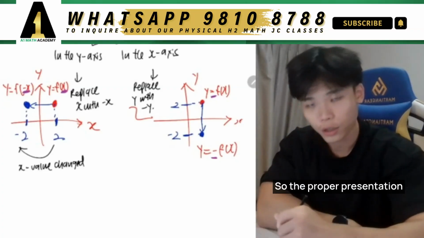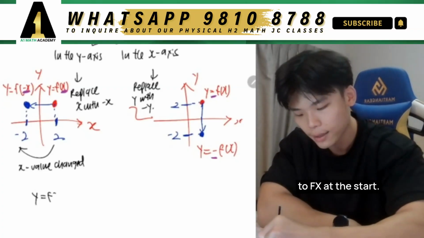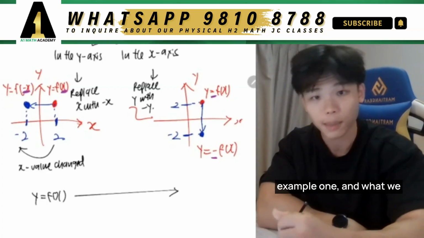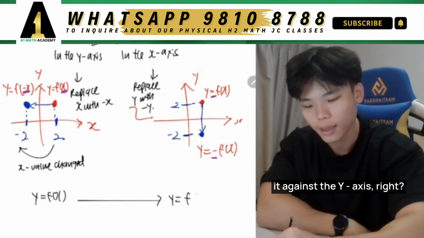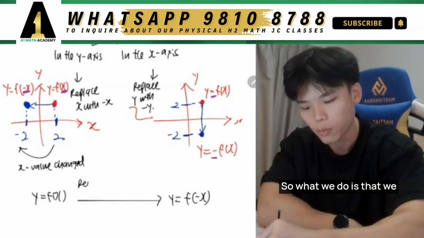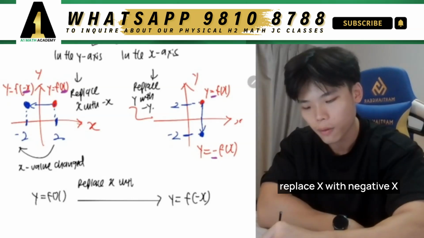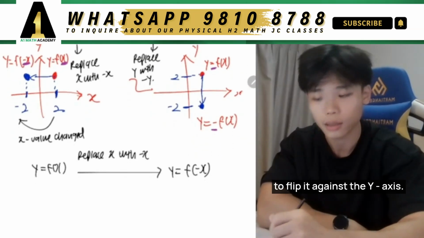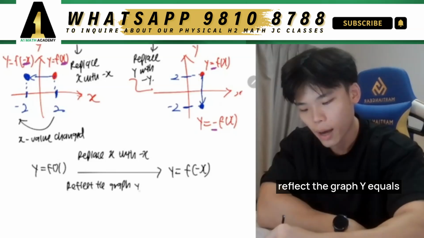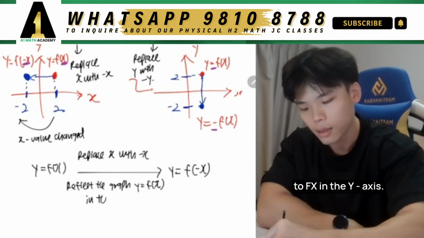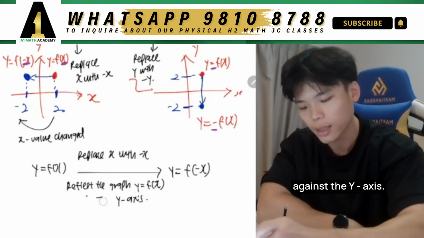So the proper presentation would be y equals to f(x) at the start. And then let's say we use example 1. And what we want to do is flip it against the y-axis, right? So what we do is replace x with -x to flip it against the y-axis. So below, we will just say reflect the graph y equals to f(x) in the y-axis. Or you can just say against the y-axis.